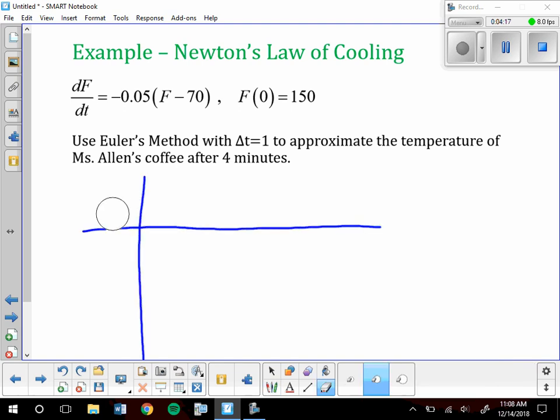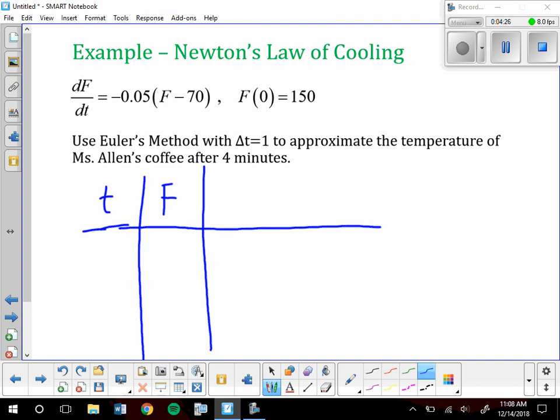I'm not using x and y. Instead of x, I'm using t, and instead of y, I'm using F. And to find my next point, I'm going to use the formula dF/dt, so my slope, times my change in time, plus my original. That'll get me my new F value.